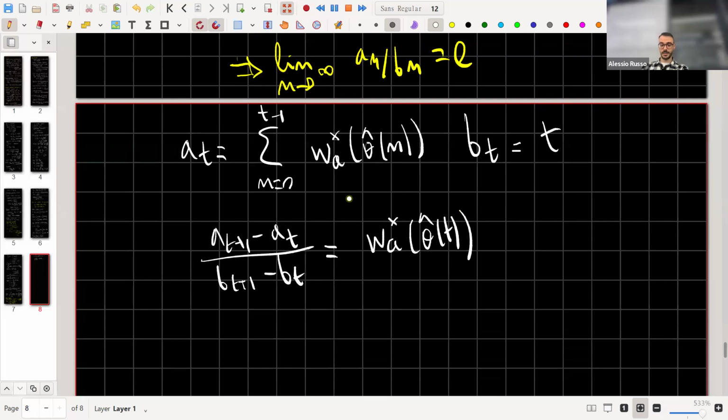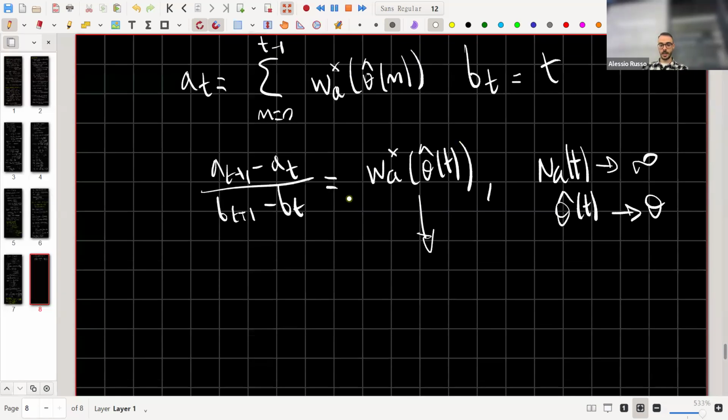We know that NAT will tend to infinity. We also know by the law of large numbers that because of this, hat theta t will converge to theta. And we also know that the optimal location is continuous in the model. So by continuity, we can say that WA star of hat theta t will converge to WA star of theta with probability 1.